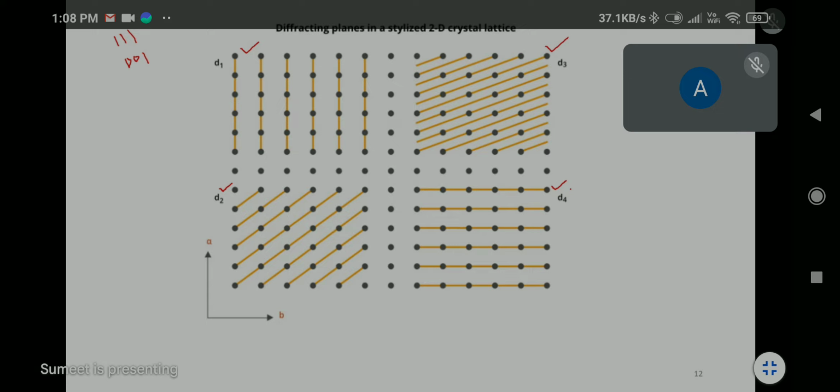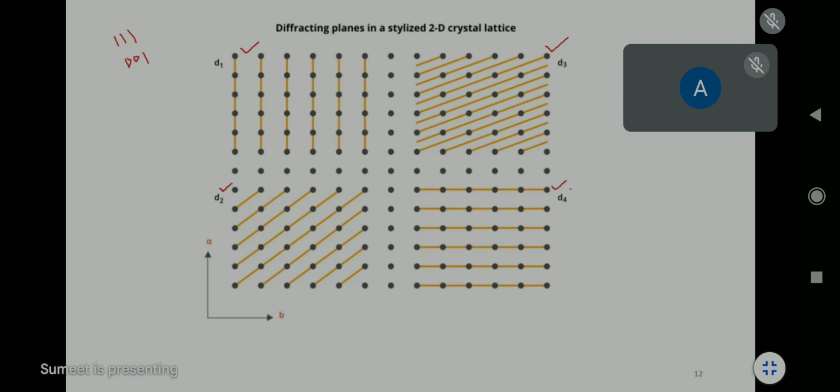So what actually is a plane? If you hold a thin sheet of paper in your hand, you can consider that sheet of paper as a plane. When you hold that A4 sheet in your hand at different angles, that can be visualized as a plane in a cubic crystal lattice having different orientations.